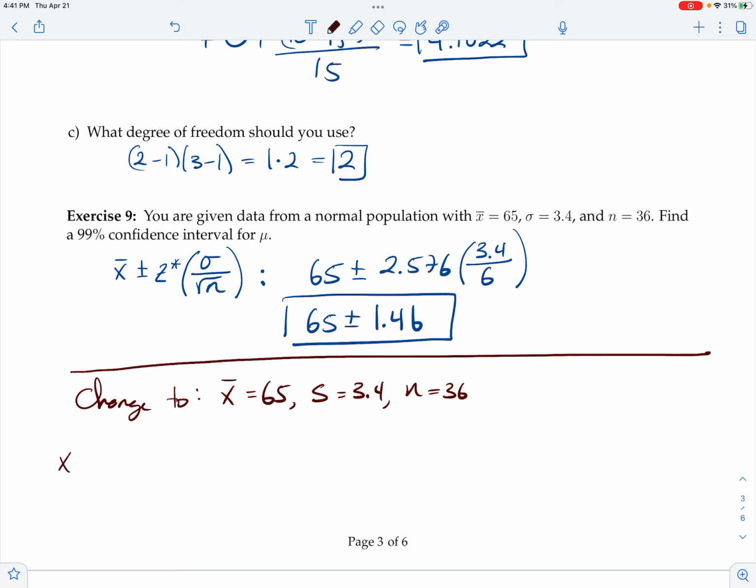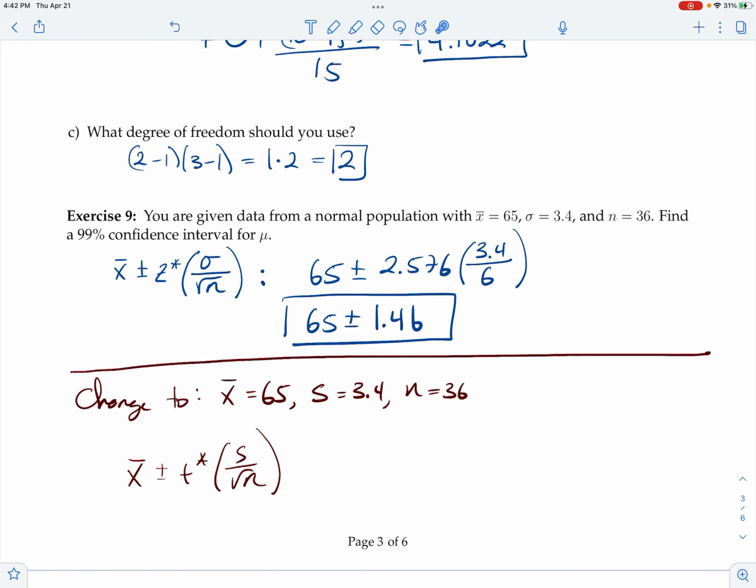The formula that we're going to use is x bar plus or minus t star times s over square root of n. So when you drop from knowing sigma to not knowing sigma, you actually want to switch to a t distribution, and you've got to find that critical value.